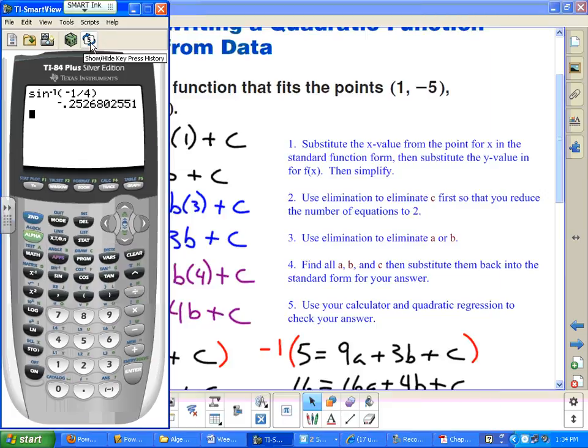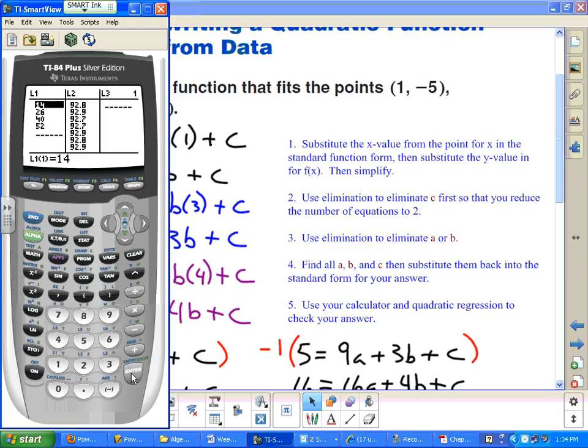So in this case, we're going to put the values of x in list 1 and the values of y in list 2.